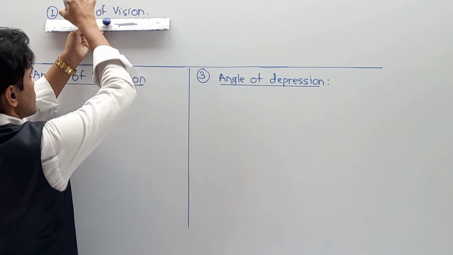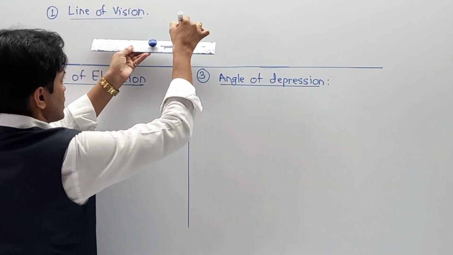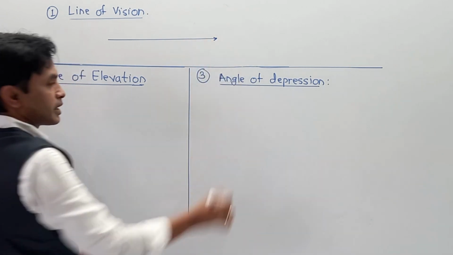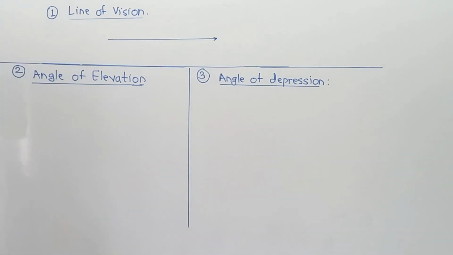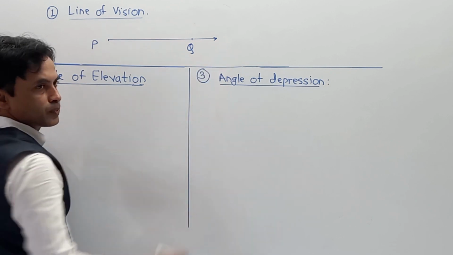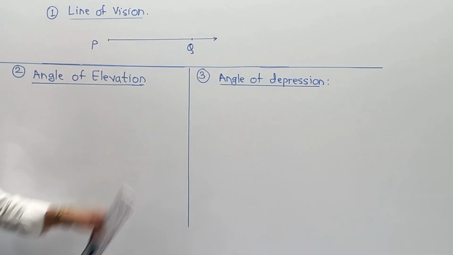So your first concept starts: line of vision. Generally it is indicated as a straight line, and consider that it is always horizontal. Let us say this is a person who is going to start observing, so I am going to call it P. And there is another point that I am going to call Q. And this P to Q is the line of vision over here.